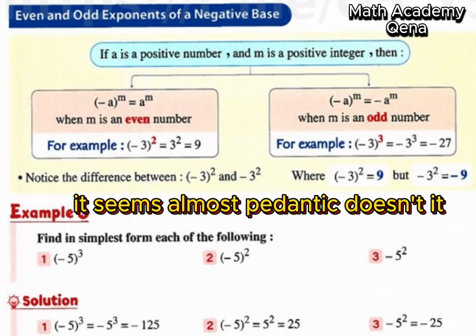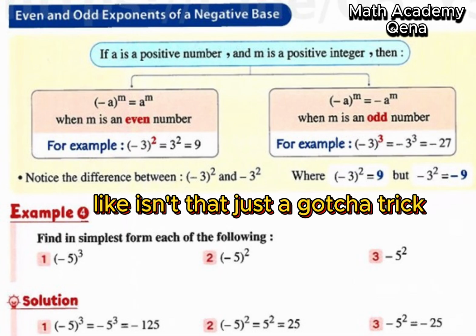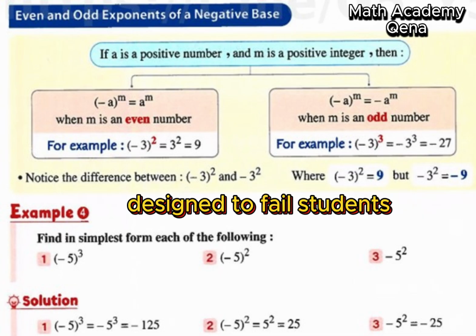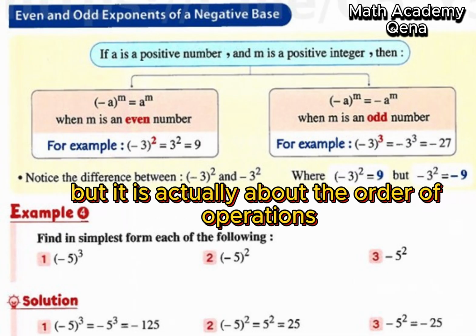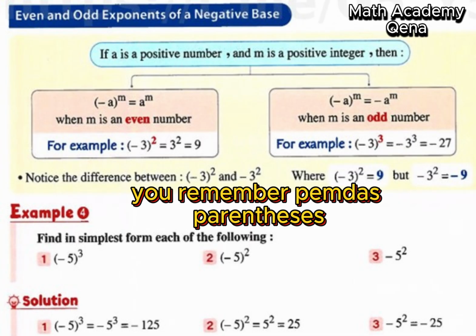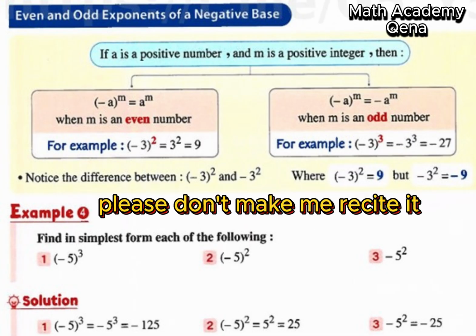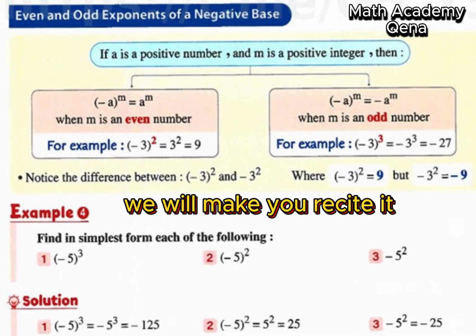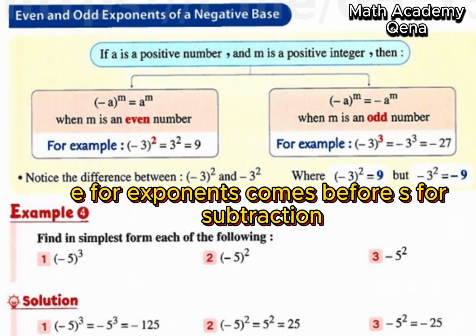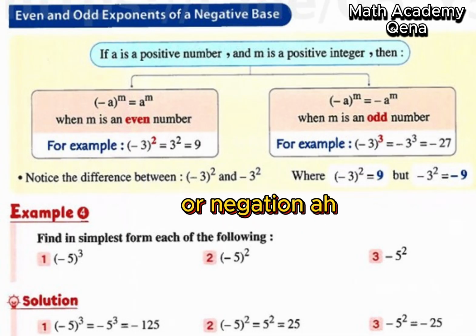That seems almost pedantic, doesn't it? Like, isn't that just a gotcha trick designed to fail students? It feels like a trick, I get that, but it is actually about the order of operations. You remember PEMDAS, parentheses, exponents. Vaguely. Please don't make me recite it. We will make you recite it. But just look at the order. E for exponents comes before S for subtraction or negation.